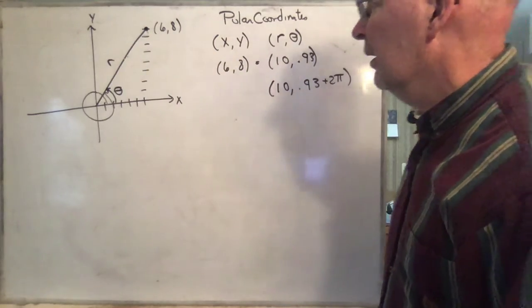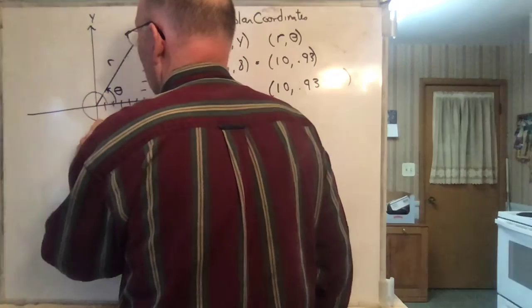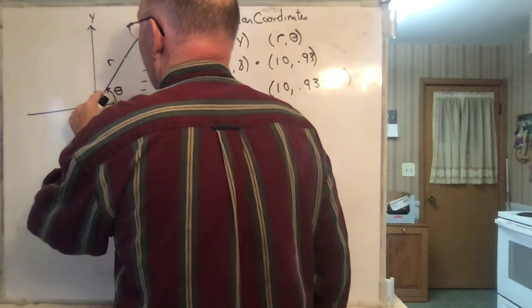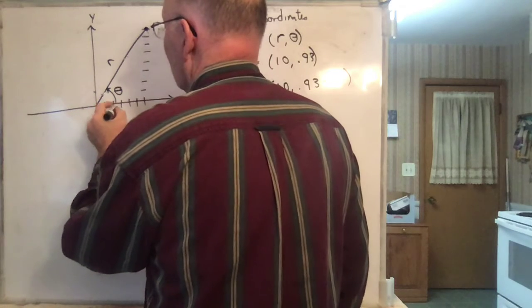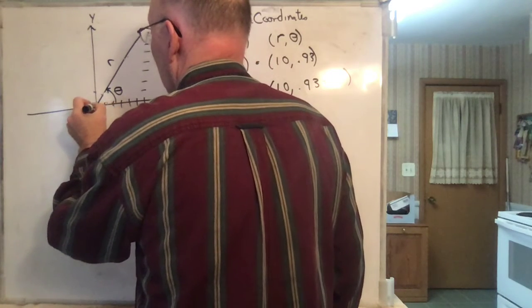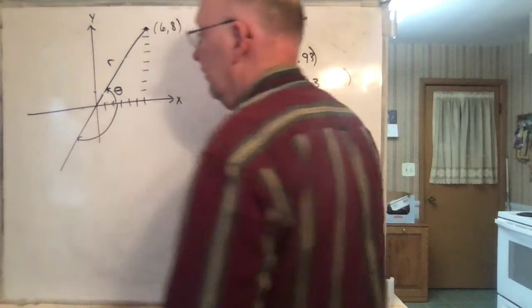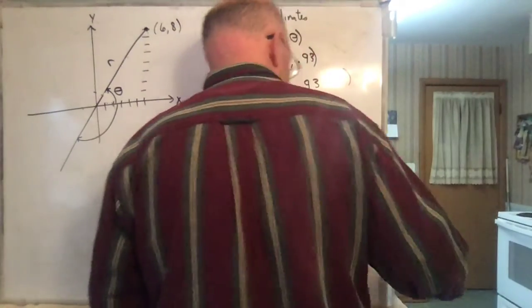One other way of expressing it, which I think is important, I'll mention it right off the bat here, is that you can go this angle, which is going to be negative, or, well, actually, we don't even have to go negative.